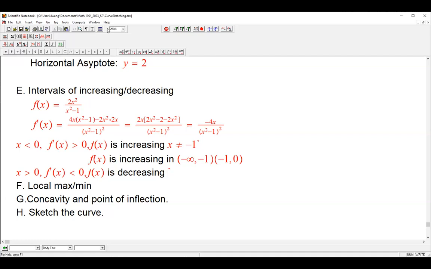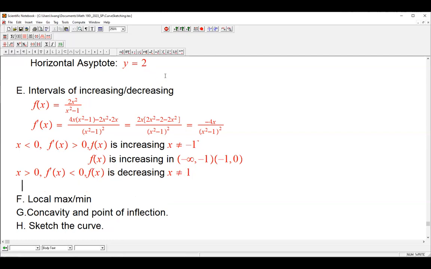But since x equals 1 is in this interval, x cannot equal 1, so we will say f is decreasing on the interval of 0 to 1 and 1 to infinity. So we have discovered the interval of increasing and decreasing.